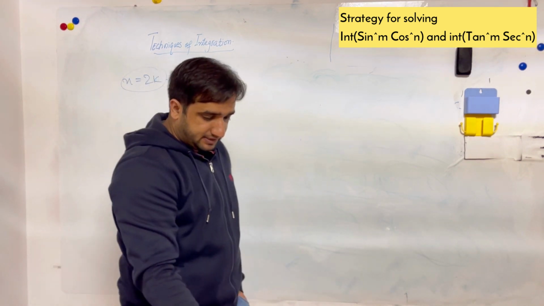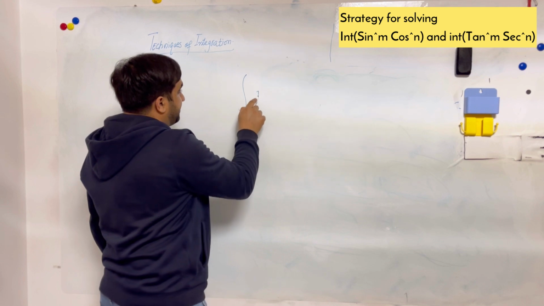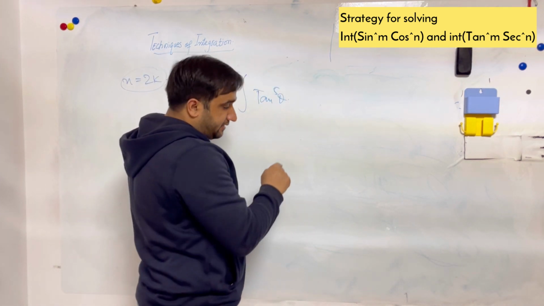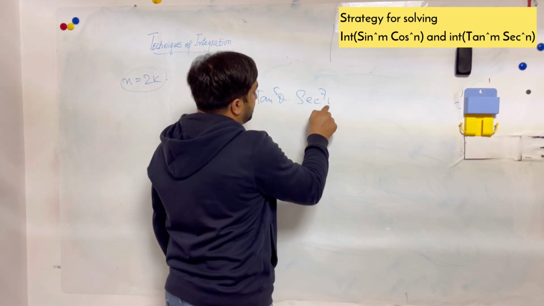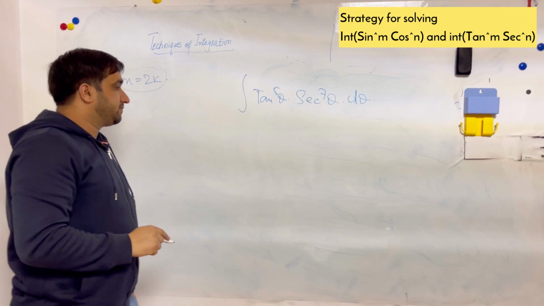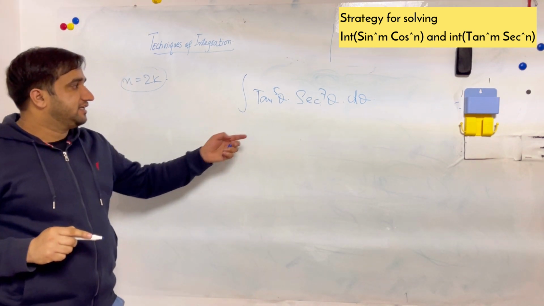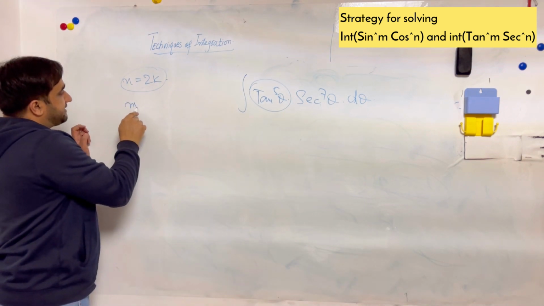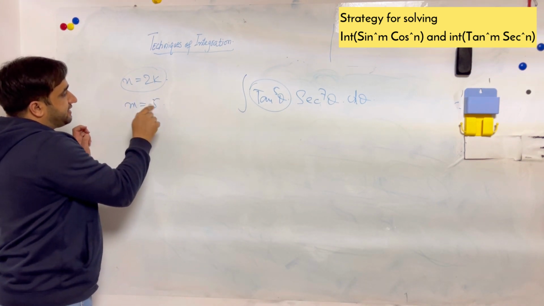So if we have something like tan^5 theta secant^7 theta d theta. Now in this case we said if this power is odd, so we can see that m is 5, which is an odd number.